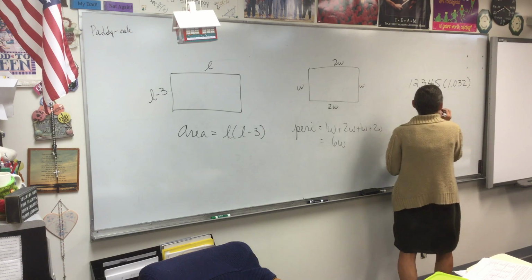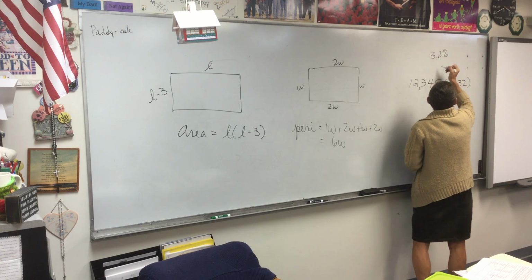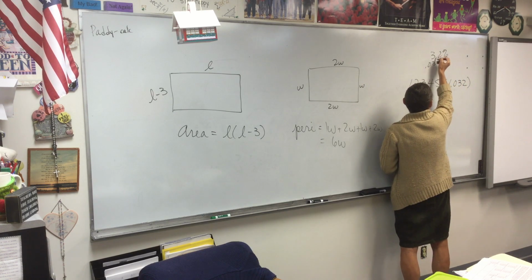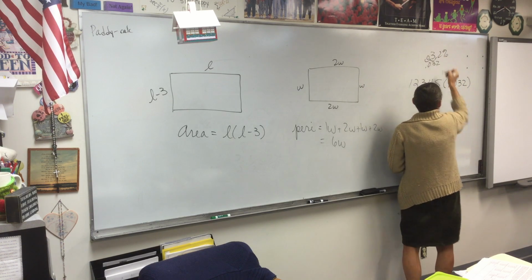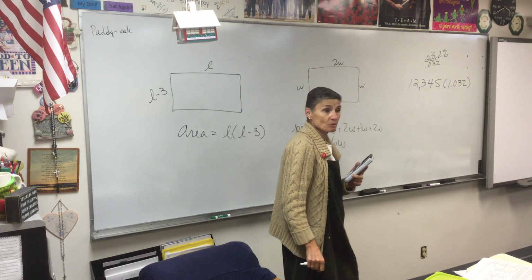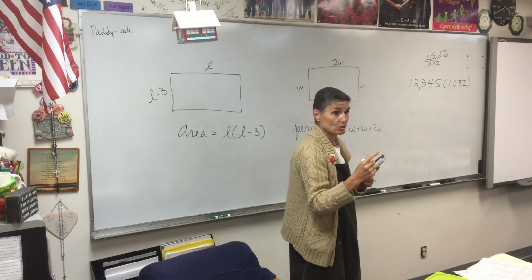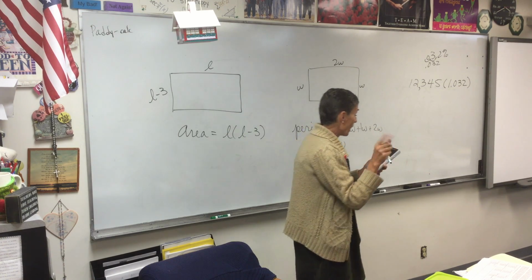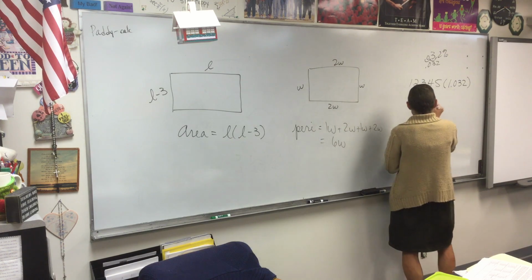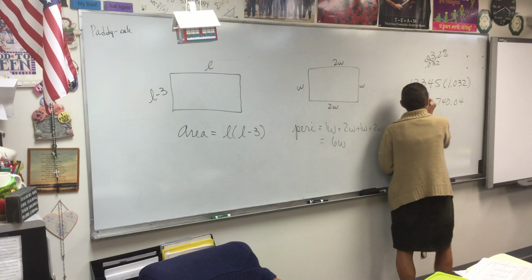Why is it 032? Because it was 3.2%, and decimally, remember that's 2 decimal places, so it's 0.032 added to 1. You always start with 1 and either subtract or add the percentage. So next year my salary will be 12,740.04.